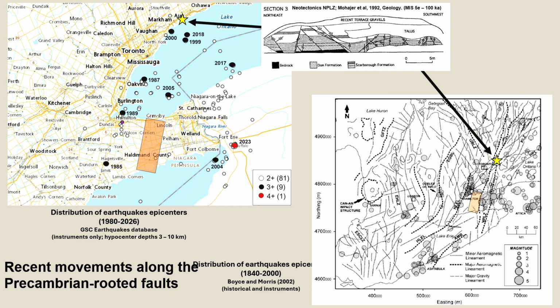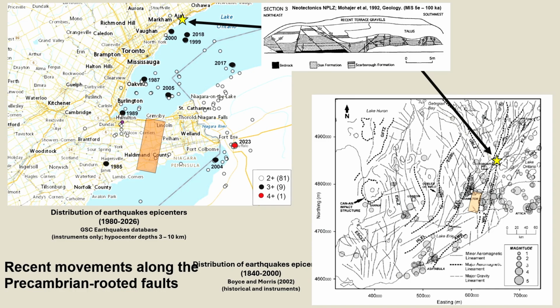One final aspect of interest is the locality just north or northeast of Toronto, along the Red River, where we do have some Quaternary sediments of the Scarborough Formation that are cut and displaced by faults. And these faults also cut the Ordovician black shale in this area.